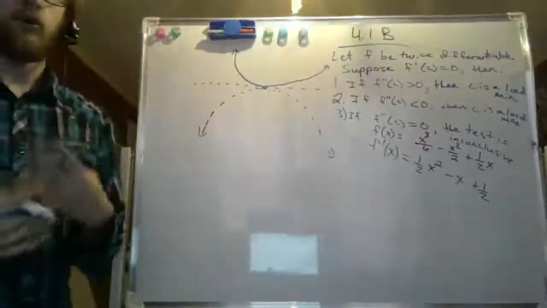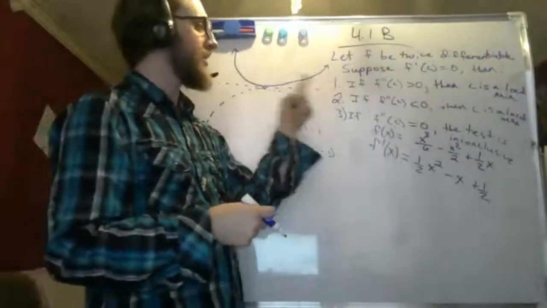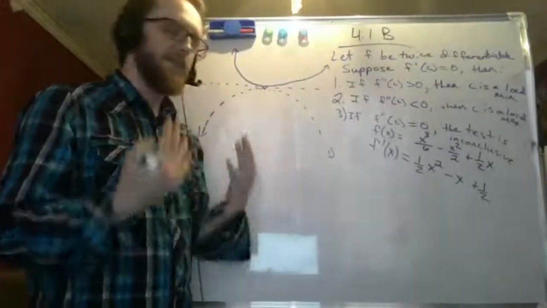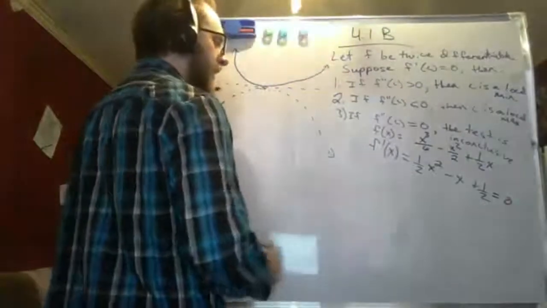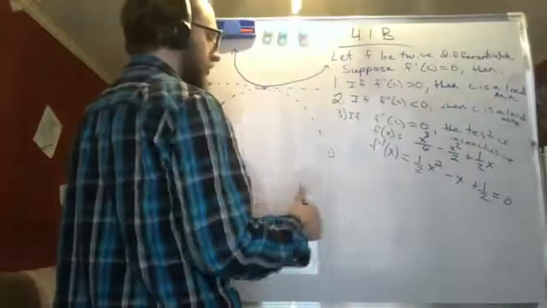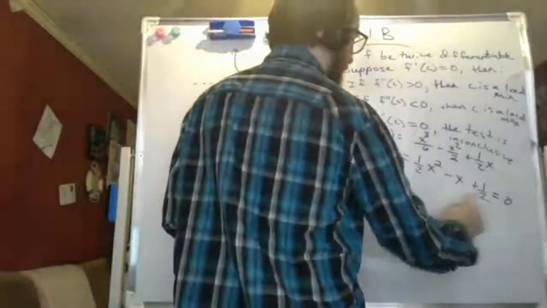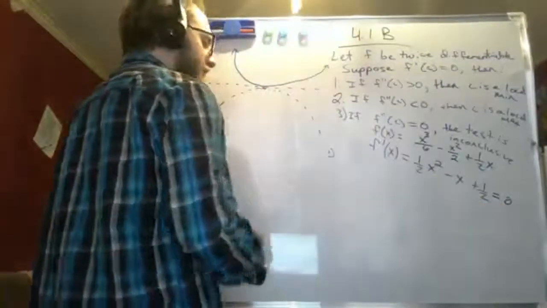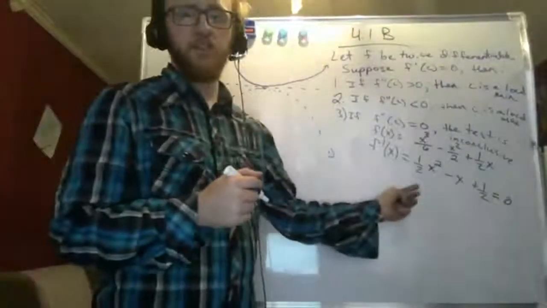Now the first part of this test says, suppose f prime of c is 0. In other words, the possible c that we're testing for have to be critical points. So let's go ahead and find my critical point. So I set this equal to 0, and I'm going to multiply this equation by 2 on both sides of the equal sign, just so that I can get rid of these fractions.